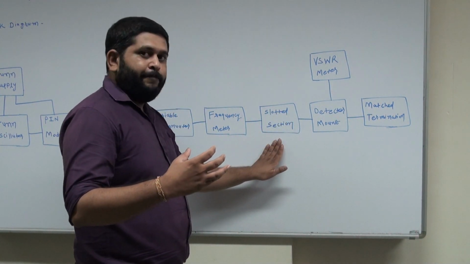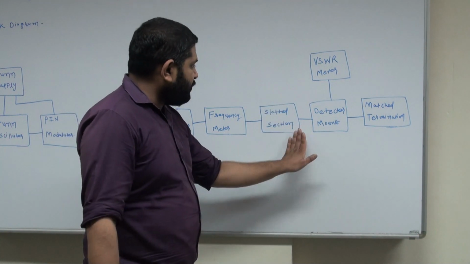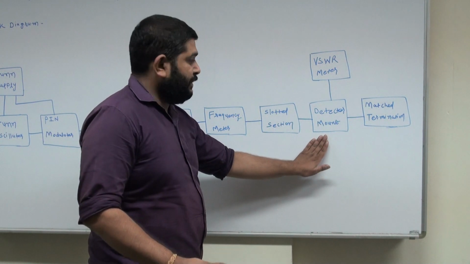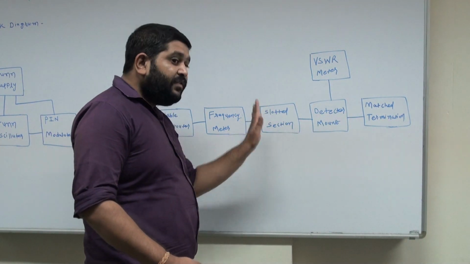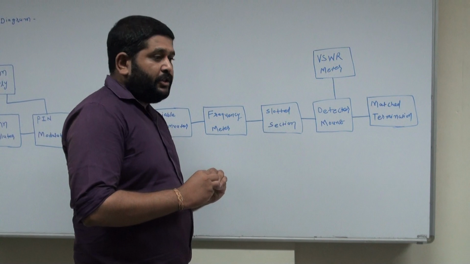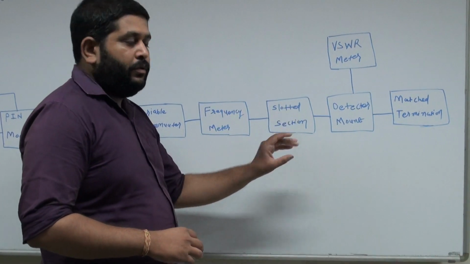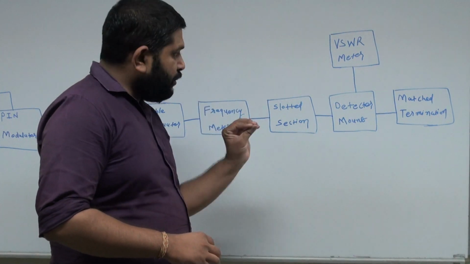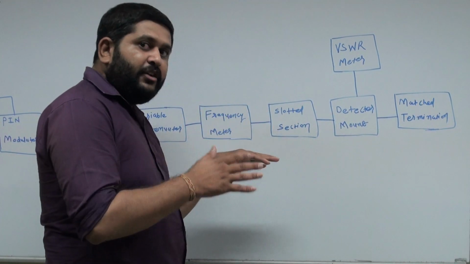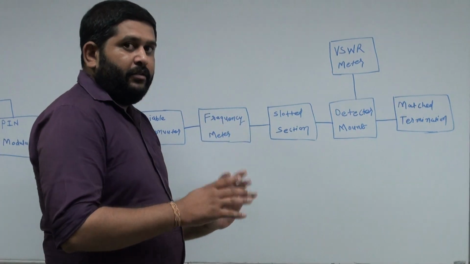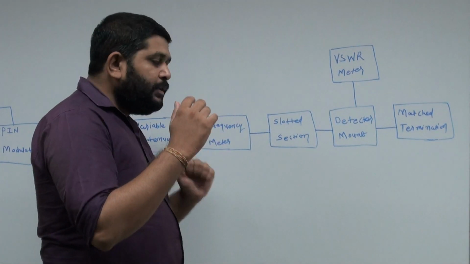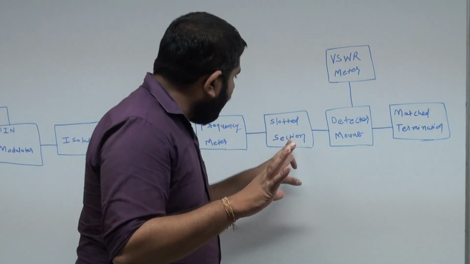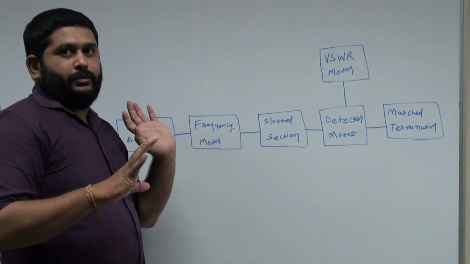When the characteristic impedance of the slotted line and the detector mount does not match, we have some reflection, and based on that reflection we will find the minima and maxima positions of our reflected waves, meaning the standing wave. The standing wave contains maxima and minima positions, and those are found using the slotted section.